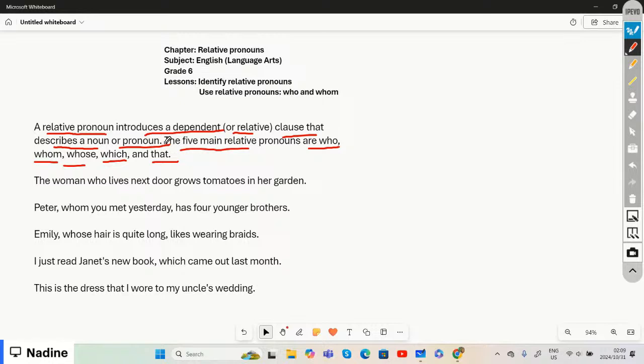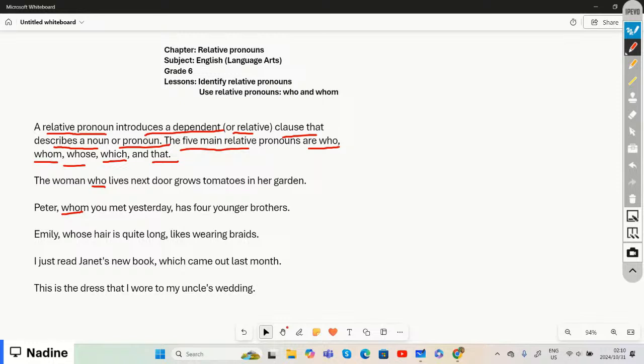If we look at how to use the first relative pronoun, it says, the woman who lives next door grows tomatoes in her garden. The next one says, Peter, whom you met yesterday, has four younger brothers.